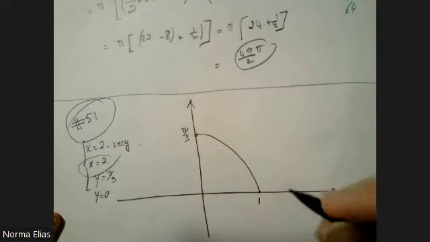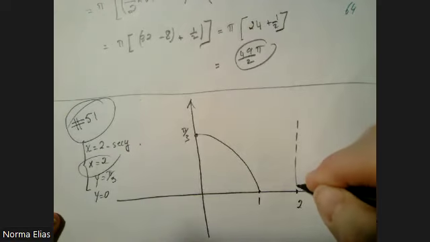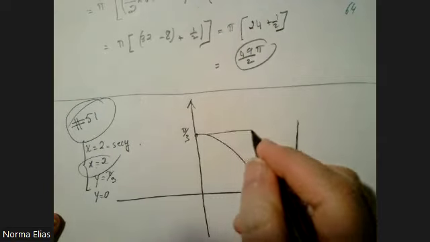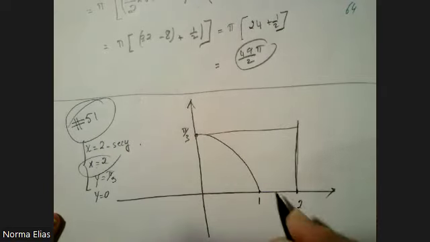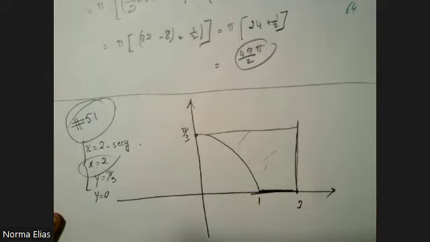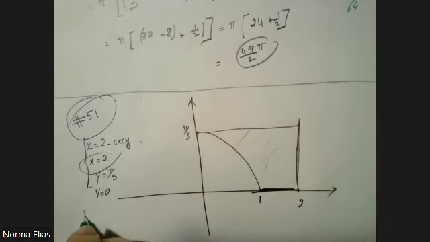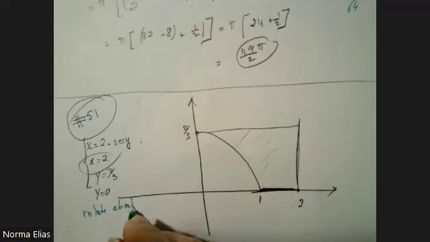And then x equal to 2. That's a 2 in here. X equal to 2 is this line. Y equal to pi over 3 is this horizontal line. Y equal to 0 is this axis. So that's really the region they're talking about. And we are rotating, and that's important, about x equal to 2.